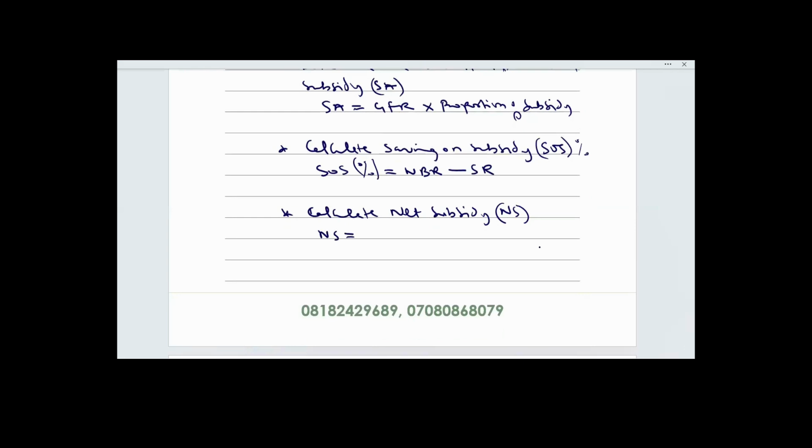NS is calculated as the subsidy amount you have in step 1 multiplied by savings on subsidy in percentage, then multiplied by 1 minus tax rates. So that will give you the net subsidy.